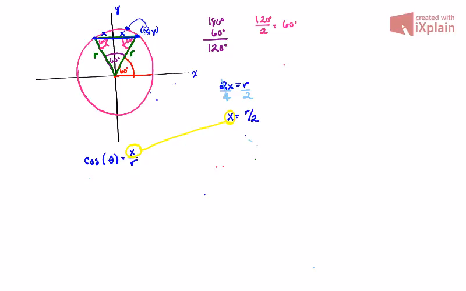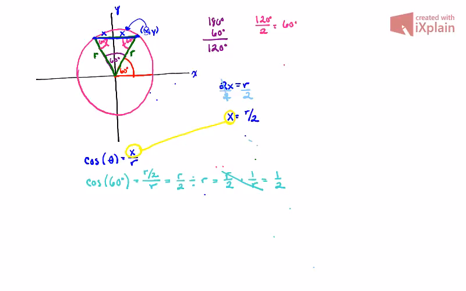So the cosine of 60 degrees is going to be equal to r over 2 divided by r. So we have a complex fraction that we can clean up. This is r divided by 2, divided by r, and then we can use what we know about dividing with fractions. I'm going to skip the first value, take the reciprocal of the second, and I've created multiplication. In doing this, I've learned that the cosine of 60 degrees is 1/2.